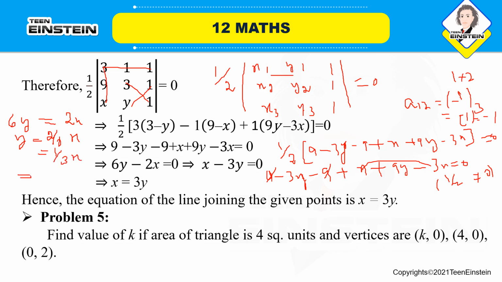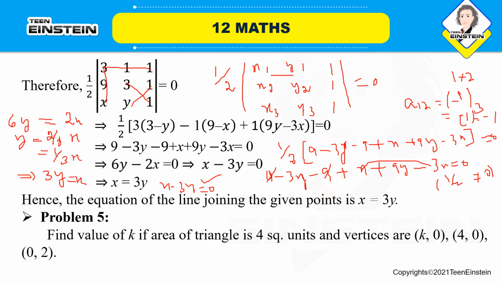Which implies 3y is equal to x, or x minus 3y equal to 0. So this is the equation of the straight line joining the two given points A(3, 1) and B(9, 3). It is x equal to 3y, or x minus 3y equal to 0.